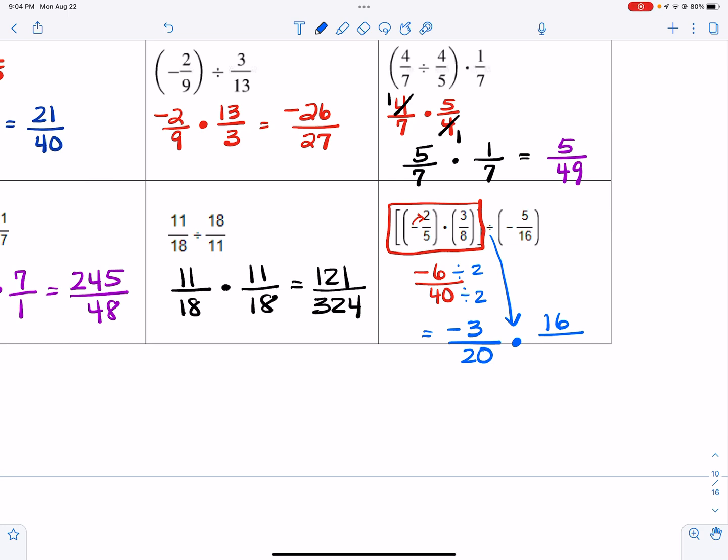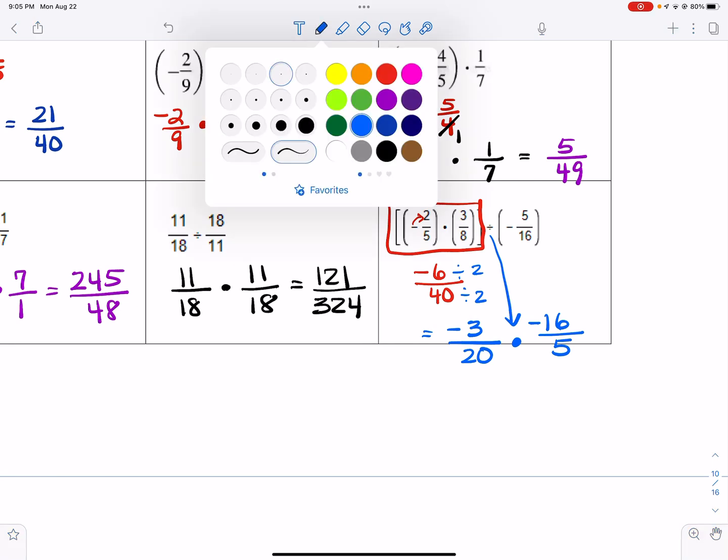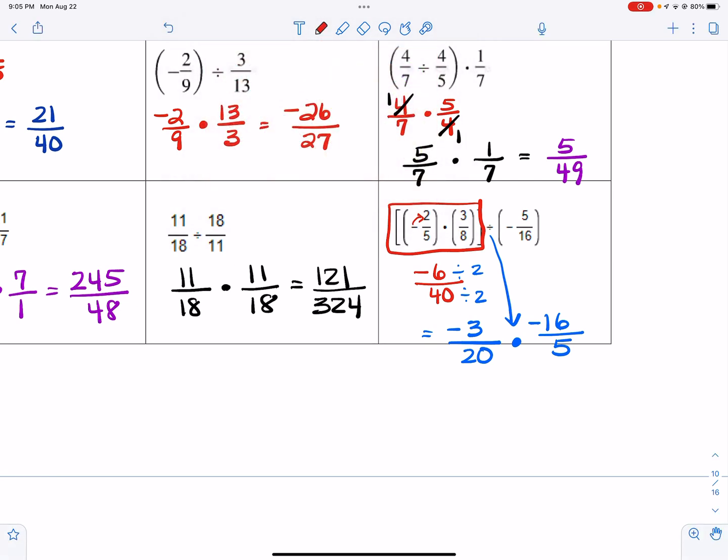Then I'm going to change that to multiplication, and then I'm going to flip the second fraction over. Now, I tend to always put the negative sign with the top number so that I don't lose it, okay? I'm going to look at these diagonals, and I do see something that I can simplify. 4 goes into 16, and that means negative 4. 4 goes into 20, and that leaves 5.